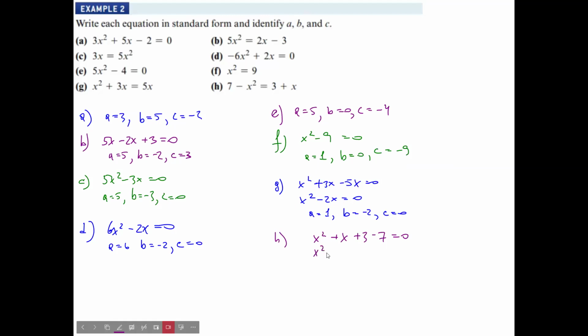So x squared plus x minus 4 equals 0, and therefore a is 1, b is 1, c is what? Minus 4. Good? Very nice. Try this one.